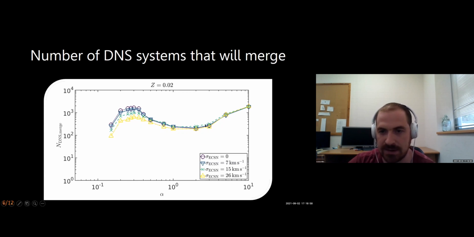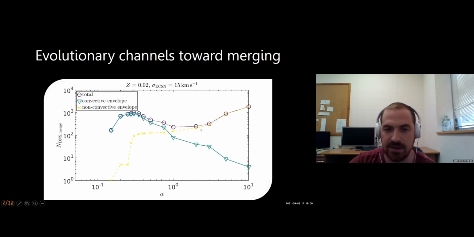So I think that there might be another peak, and the reason is that we have different channels. When the neutron star enters the envelope of its companion and we start the common envelope phase, the companion can be different types of stars.